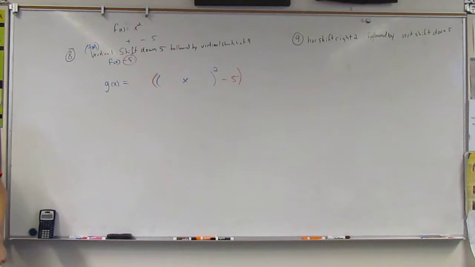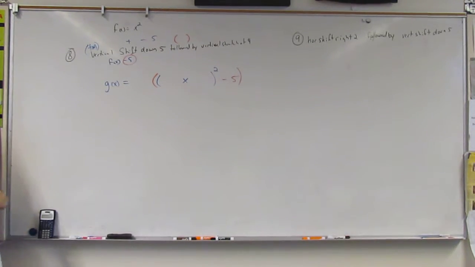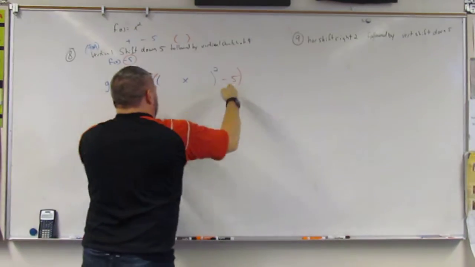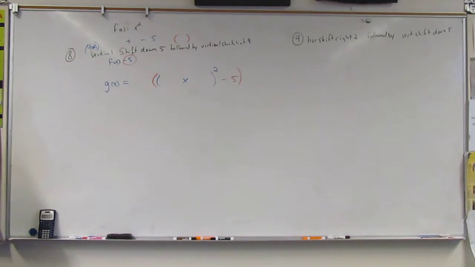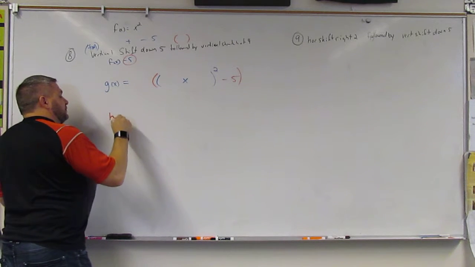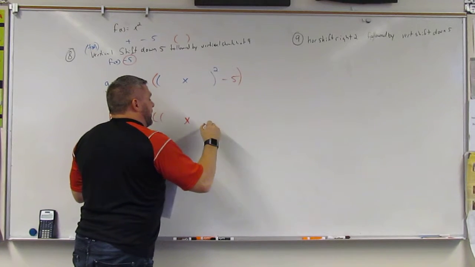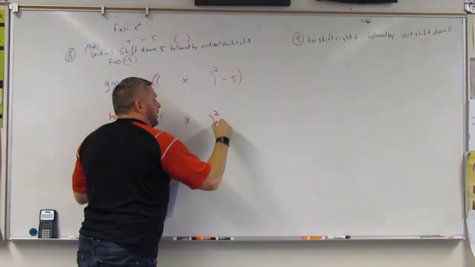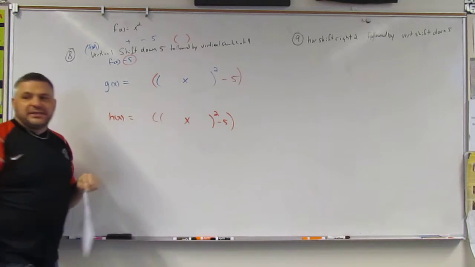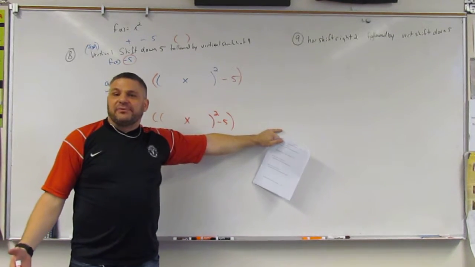To go to the next problem, to go to the followed by. Okay? That's where the parentheses come from. I have to close that off. So h of x is going to be made up of the 2 parentheses, space x, space, parentheses, squared, minus 5 in parentheses, and then leave a space for your vertical shift, if you have one.